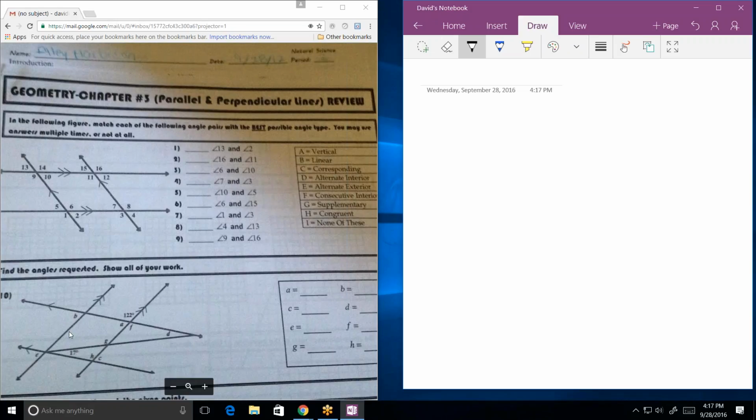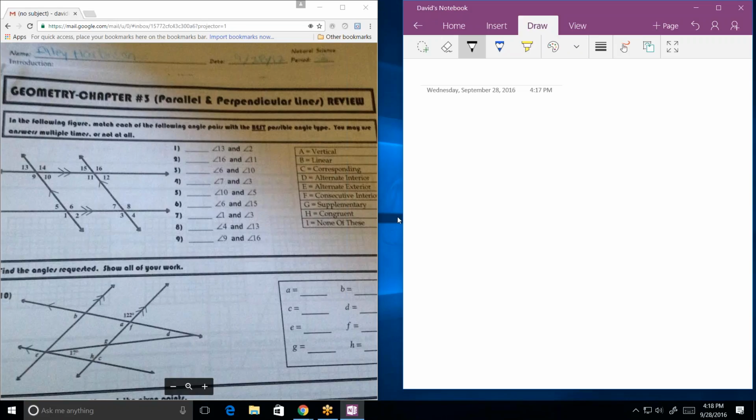And I see nothing but parallel lines here, which means all the acute angles are equal to one another, all the obtuse angles are equal to one another. What's C? Is that 58? Yes, correct.